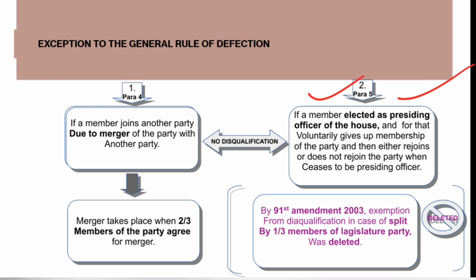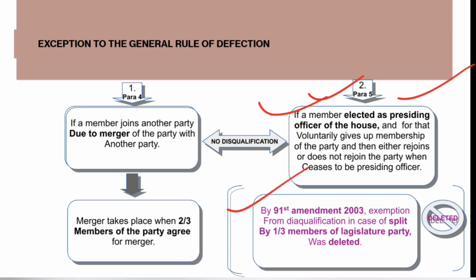After ceasing to be the presiding officer, if he does not join that party again, or if he joins that party again, or if he does not join either the same party or any other party, all of these things do not attract the charges of defection, because the object behind giving up the membership was the election as a presiding officer.